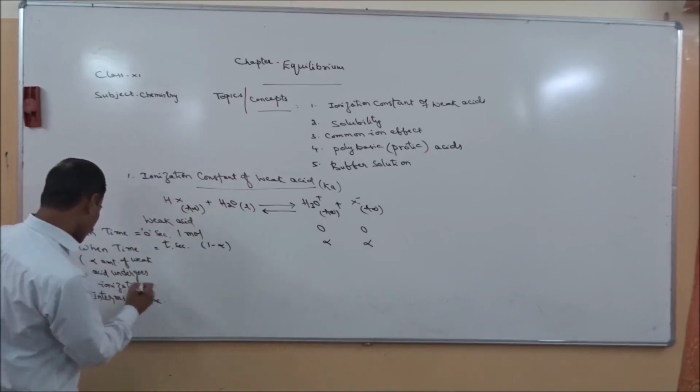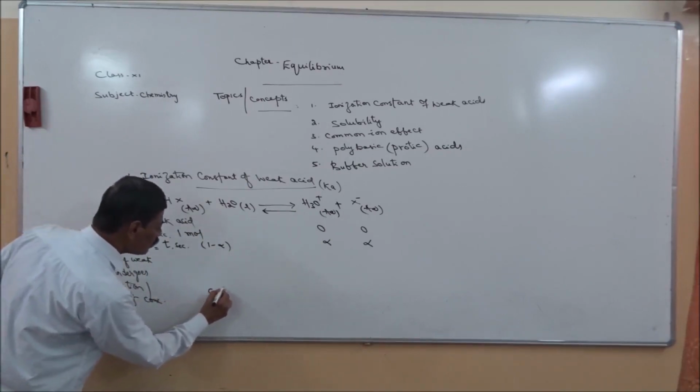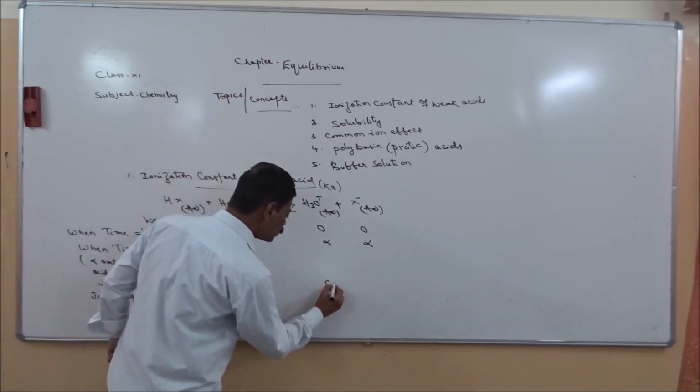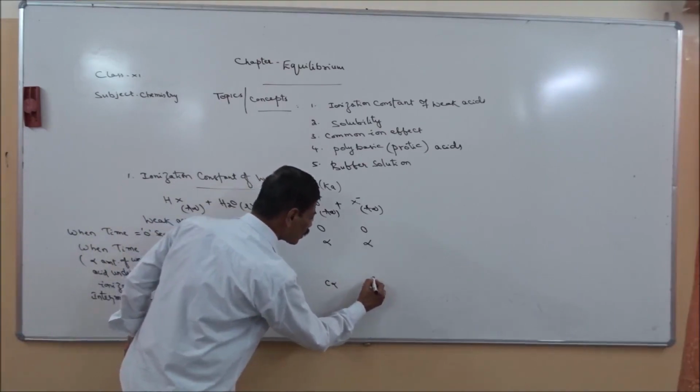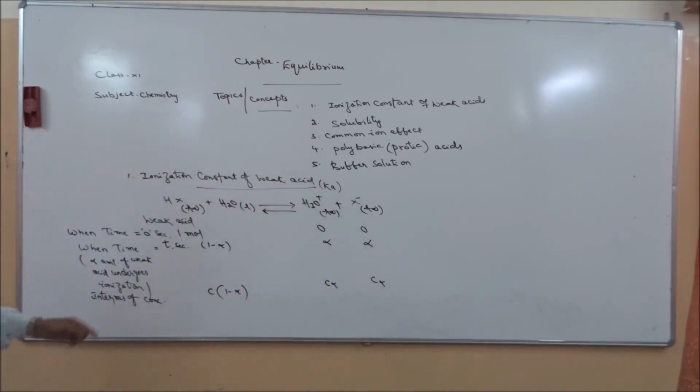So here I write C into 1 minus alpha, and here C into alpha, and below this again C into alpha.